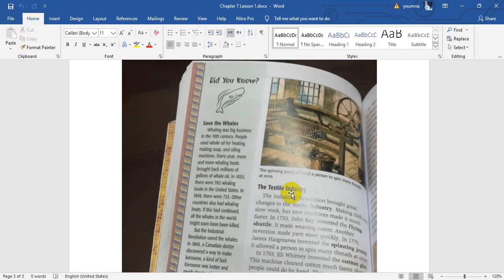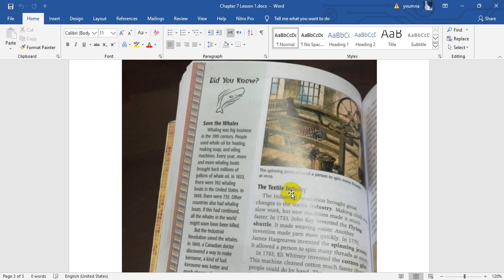What was the flying shuttle? It made weaving easier. It means to make cloth and fabric easier. Another invention made yarn. You know the yarn we use to make nice stuff made of wool. Okay?